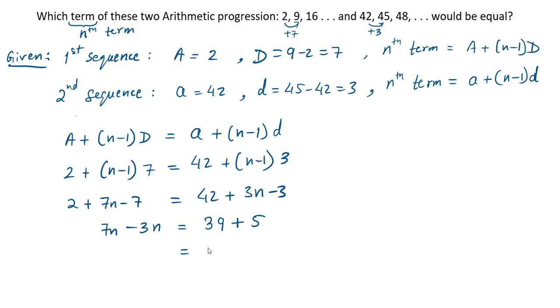So 39 plus 5 is 44, and 7 minus 3 is 4n. So n equals 44 divided by 4, that's 11. So the 11th term of both of these arithmetic progressions is going to be exactly the same value.